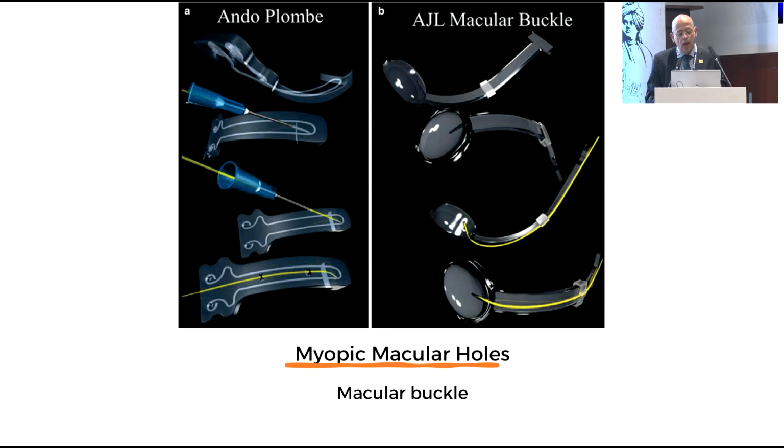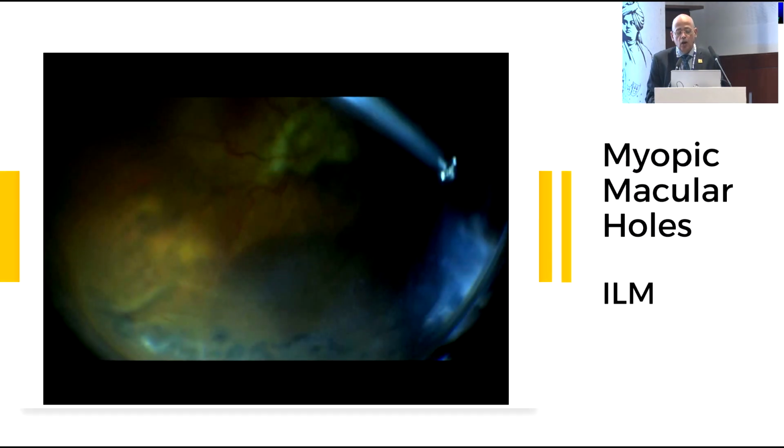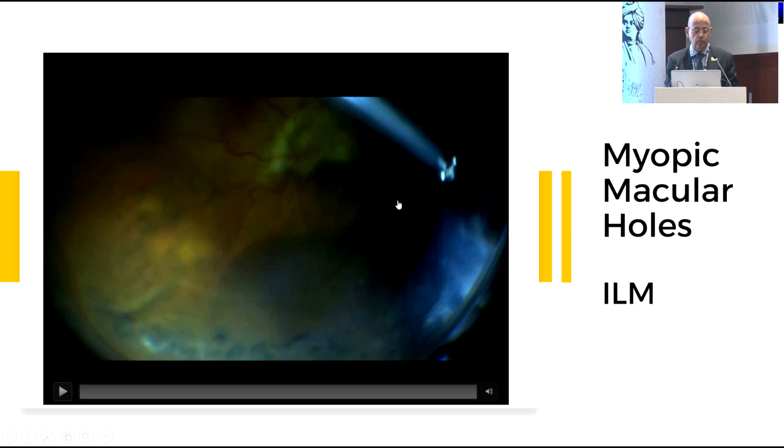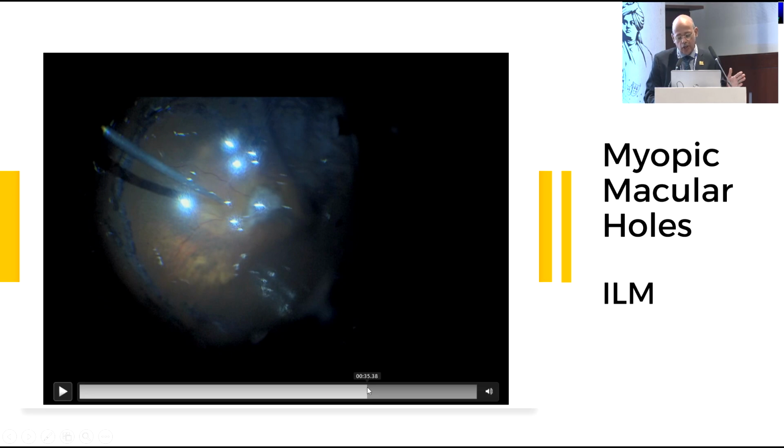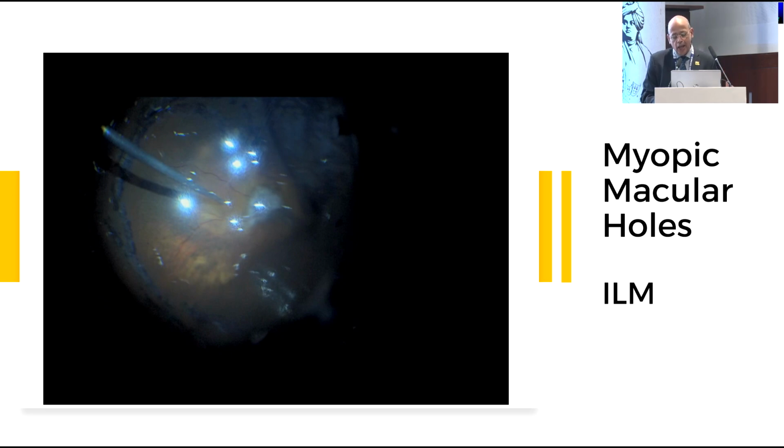These are some pictures of macular buckle, like endoplomb or AGL macular buckle. We can only do vitrectomy with ILM removal, just removal of ILM only to release the traction. The traction is fine, and then you put gas or silicone.